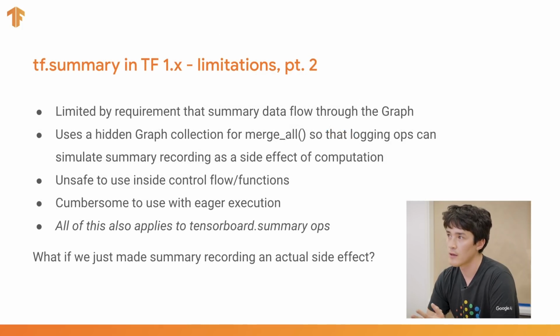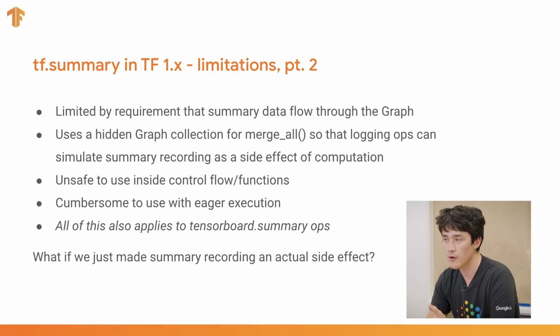So the second set of limitations in tf.Summary is around this requirement that the summary data flows through the graph itself. So merge all uses this hidden graph collection to achieve the effect to the user as though your summary ops have side effects of writing data, the way you use a standard logging API. But because it's using a graph collection, it's not really safe for use inside control flow and functions.